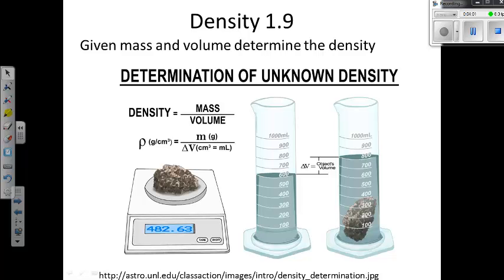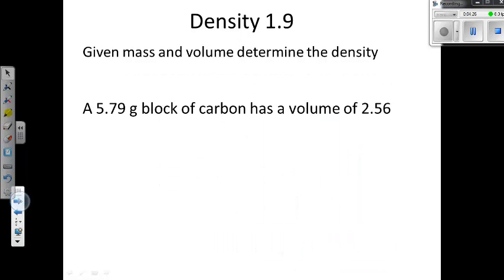You take the mass by putting it on a balance, and then you take the volume by starting out with a certain volume of water, and then adding the object and seeing what the displacement of water is. The change in volume is going to correspond to the volume of the solid object. And so you have mass and volume, and you can calculate density. That's an experiment that you might be familiar with.